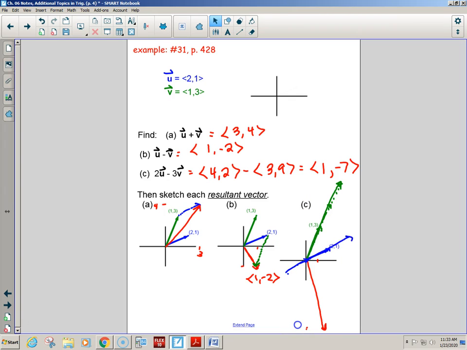So 2 of these u's minus, which means flip him the opposite direction, 3 of these v's. Oops, well, my 1, negative 7 didn't work out so well, did it? There we go. Well, I guess my negative 7 was a little too extreme.